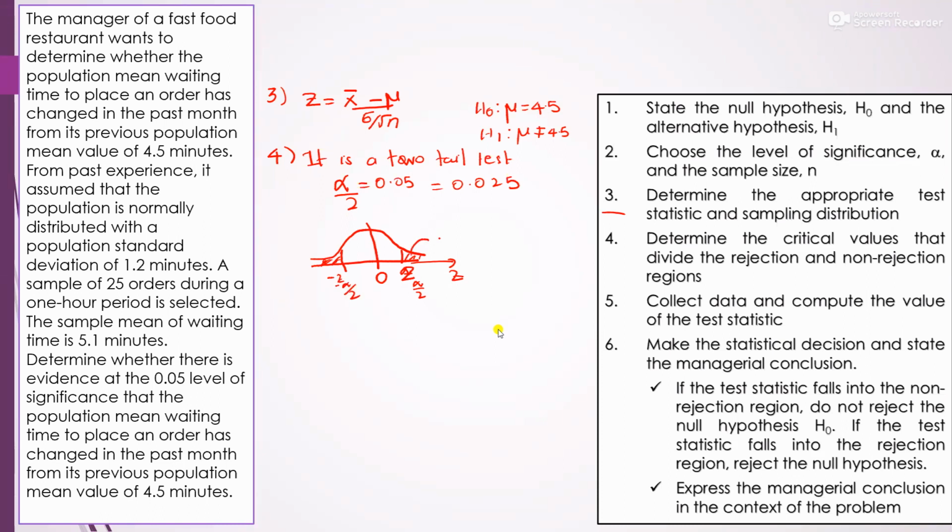Here, this is alpha by 2, that is 0.025, and this is also alpha by 2, that is 0.025. And these are the rejection regions, right? These two are the rejection regions for H naught.